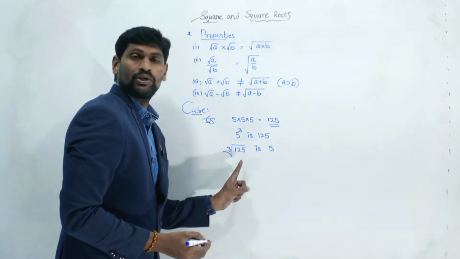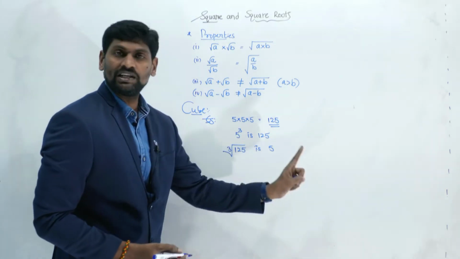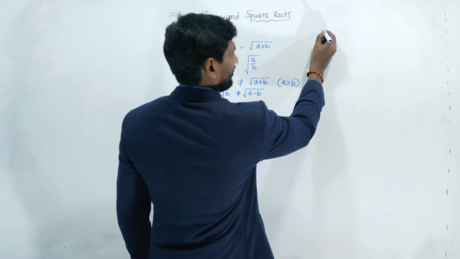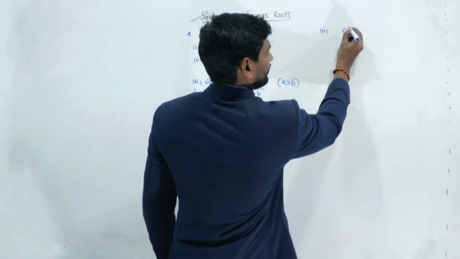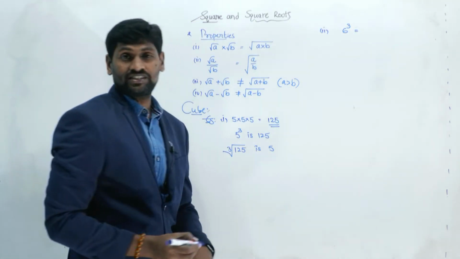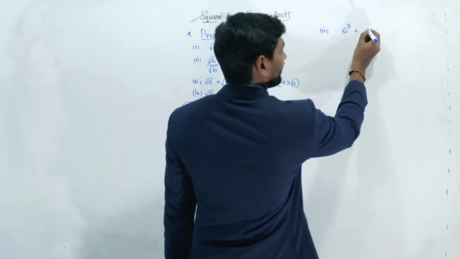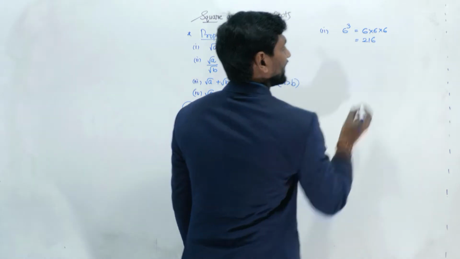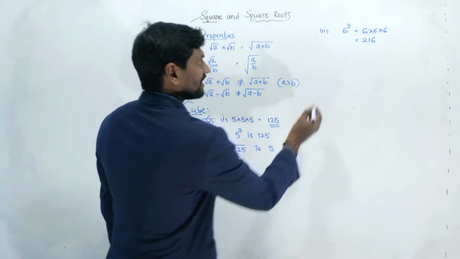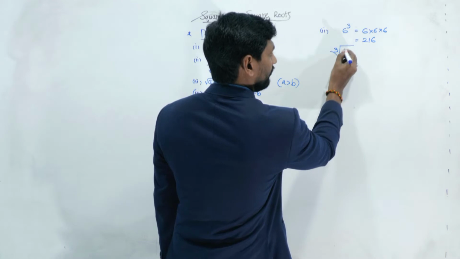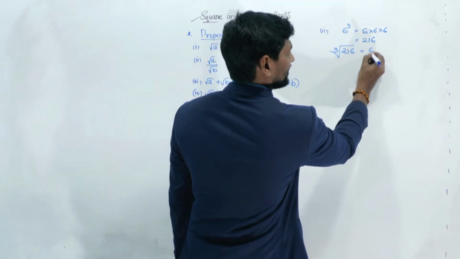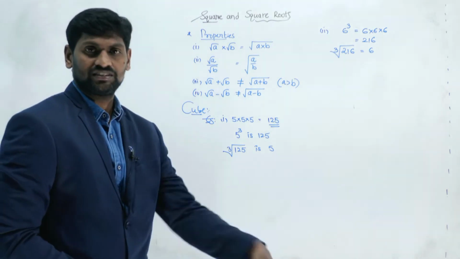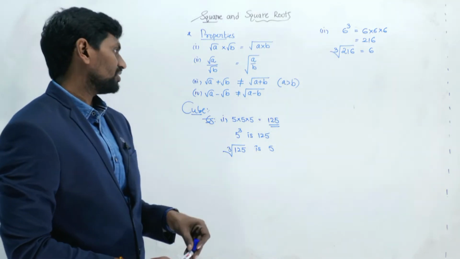Now the same way, 6 cubed is 6 into 6 into 6. 6 sixes are 36, 36 sixes are 216. So 6 cubed is 216 and the cube root of 216 is 6.